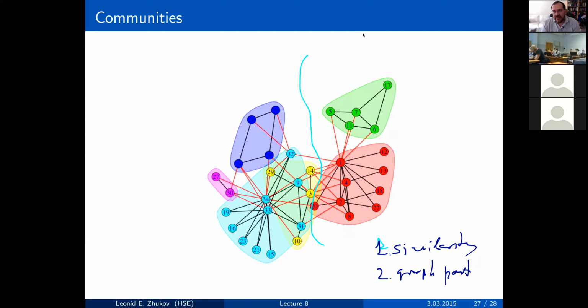Both of those methods are very clean in terms of the ideas used. Unfortunately, both of the methods are quite computationally intensive. In order to build a similarity matrix, you need to calculate pairwise similarity between every pair of nodes, and then hierarchical clustering is n cubed.